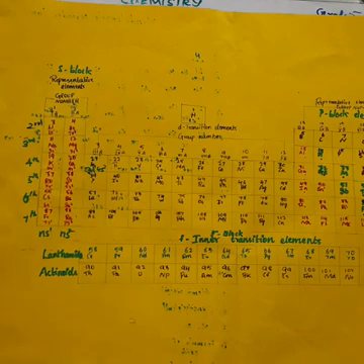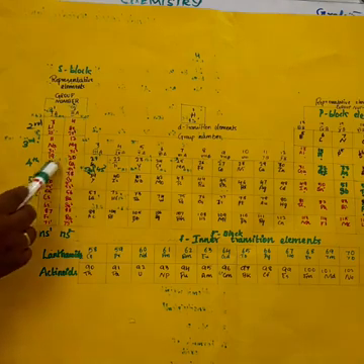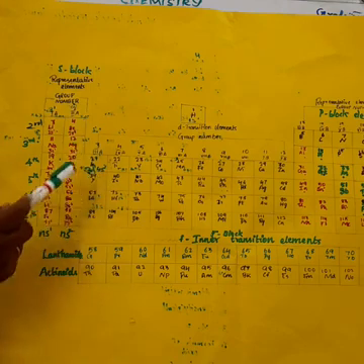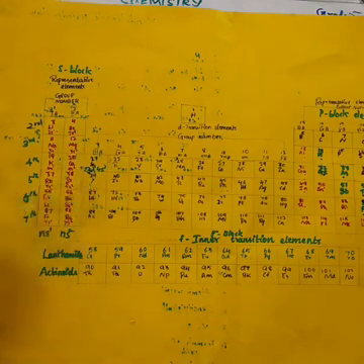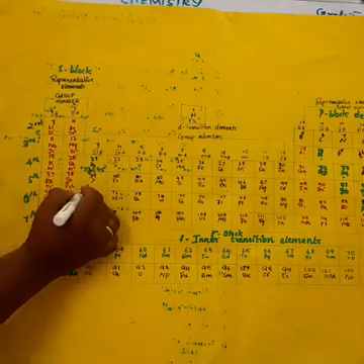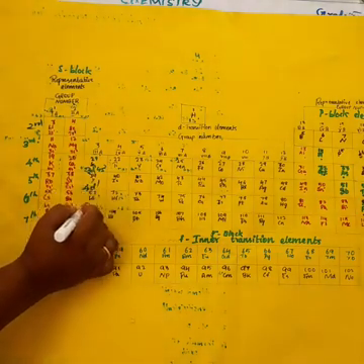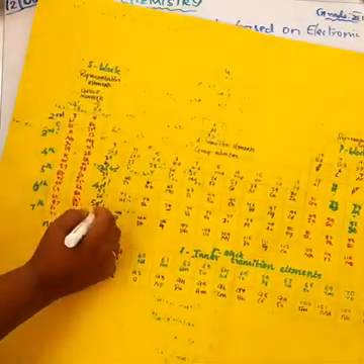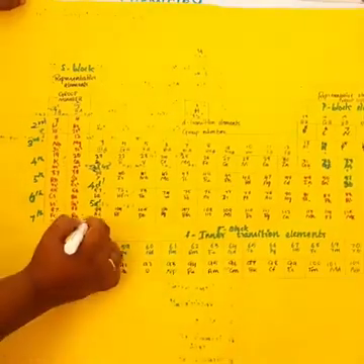So the first transition series starts from 3d1, the second from 4d1, the third from 5d1, and the fourth from 6d1.